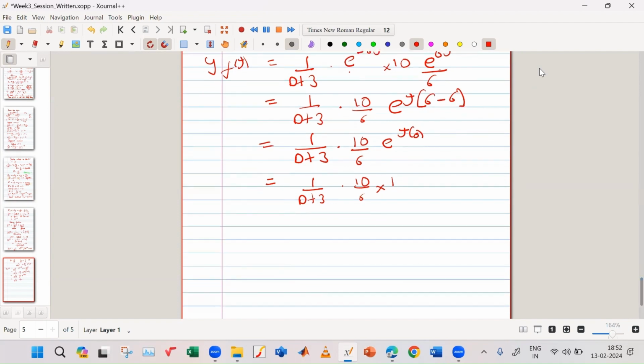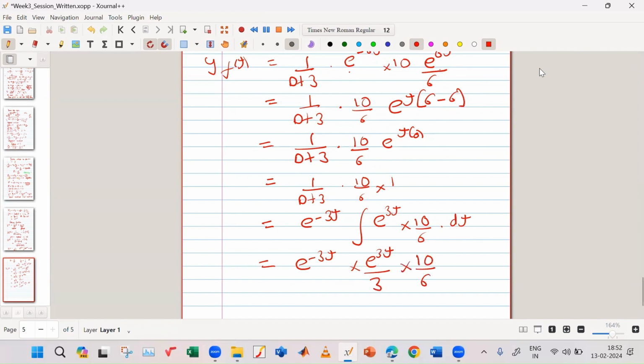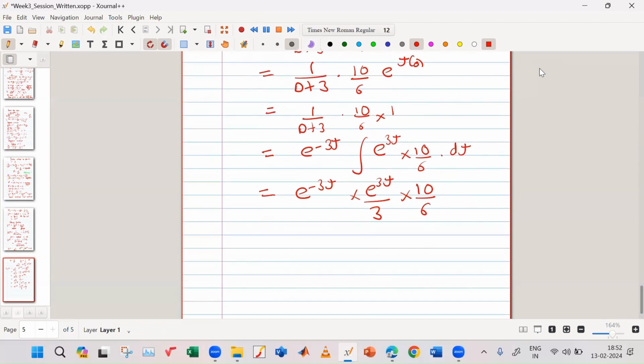So this we write as e raised to minus 3t, integration of e raised to 3t into 10 by 6 into dt. Again, this is e raised to minus 3t into e raised to 3t divided by 3 into 10 by 6. What is the final answer? It becomes 10 by 6 into 3, that is 10 by 18.